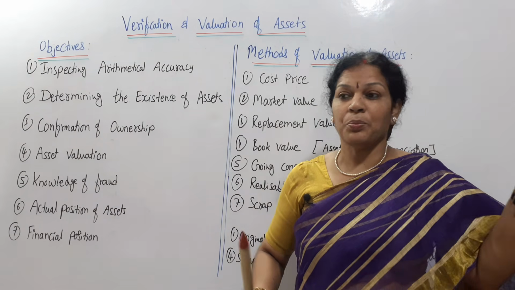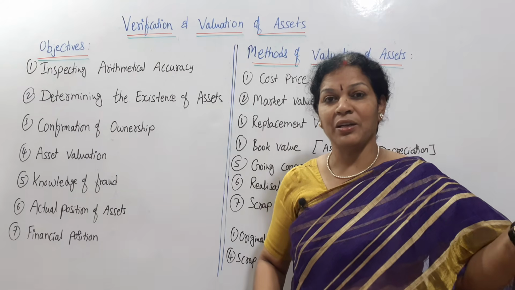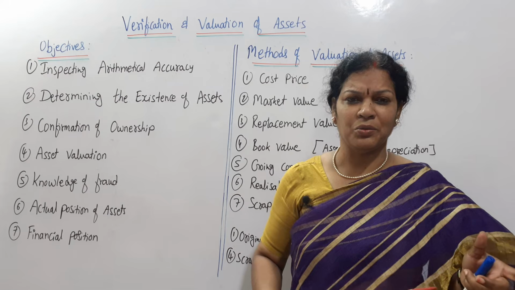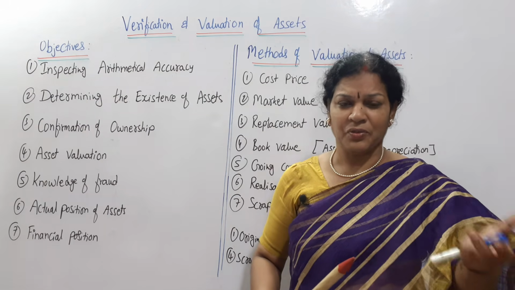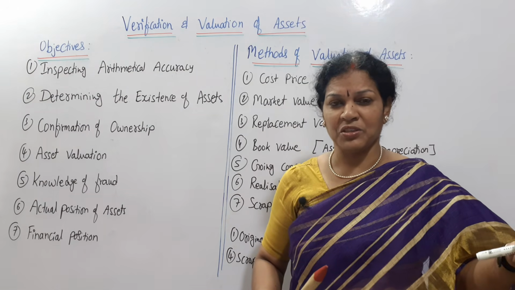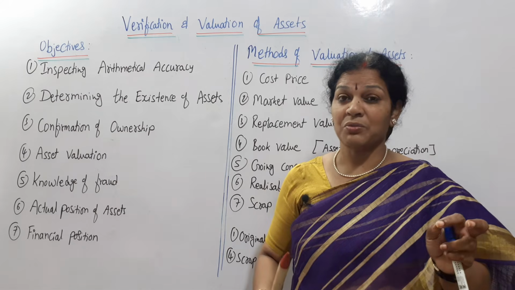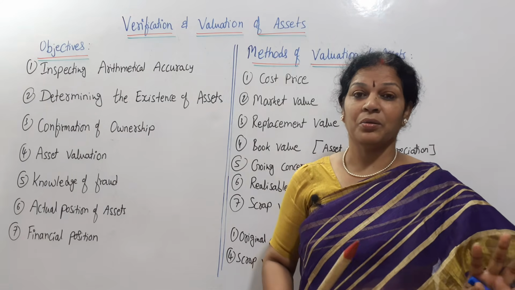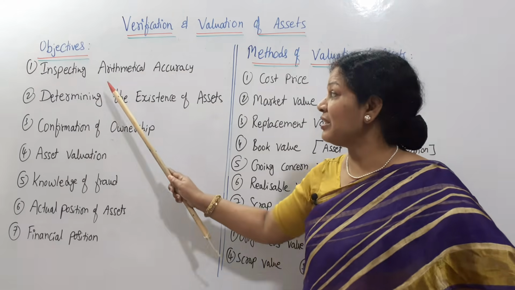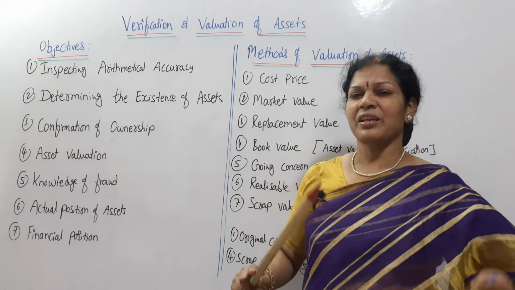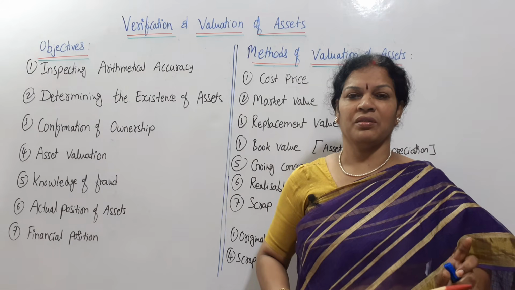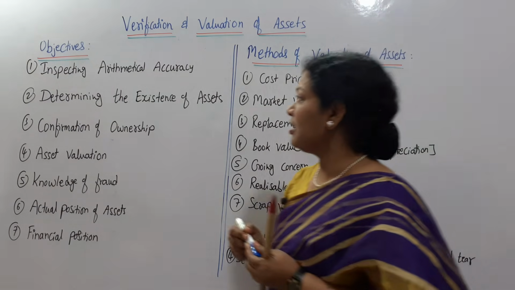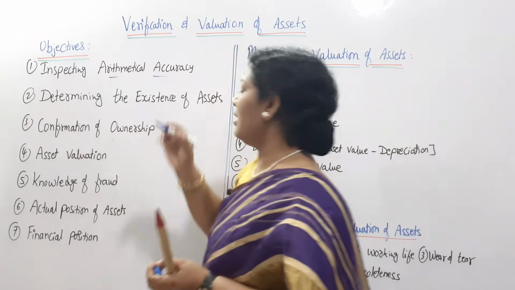Suppose the machinery value, or any furniture value, building value, say the machine value is 1 lakh. 1 lakh only it should reflect, not less or more. Arithmetical accuracy means the same amount, same total, same value should reflect. Okay, so that's about inspecting arithmetical accuracy.